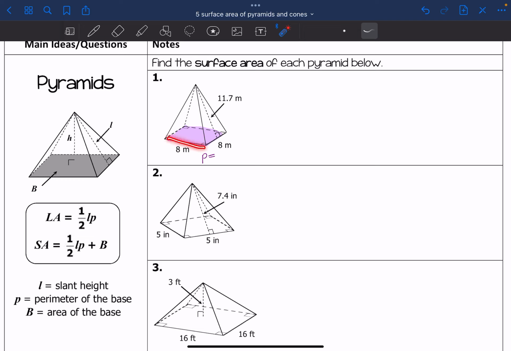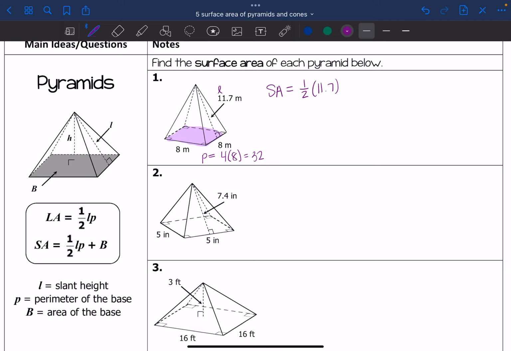Since both sides are 8, that means that over here in the back, they're also going to be 8. 8 times 4, so 4 sides, gives us 32. So that's the perimeter of the base. So starting my surface area formula, it's 1/2 L. For us, L is that 11.7.